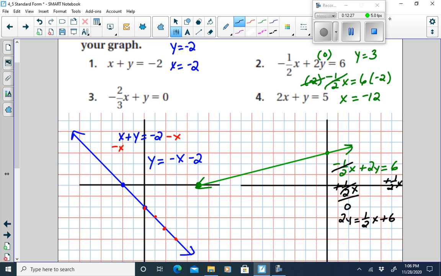Right, and then we would what? Divide by 2, right? They cancel. Wind up with what? Y is equal to 1/2 divided by 2, that's 2 over 1, that's 1/4 x plus 3, right?